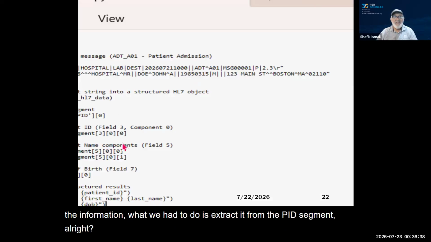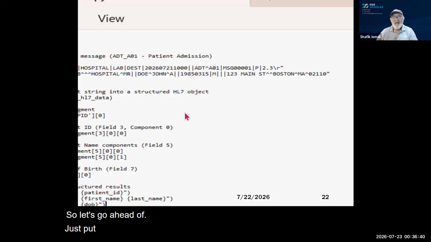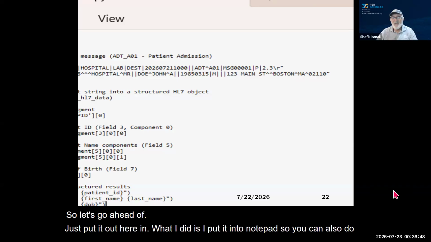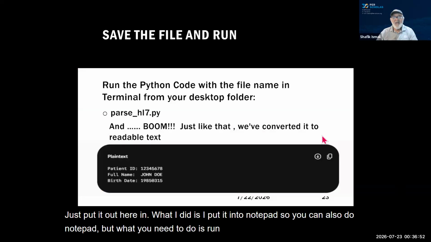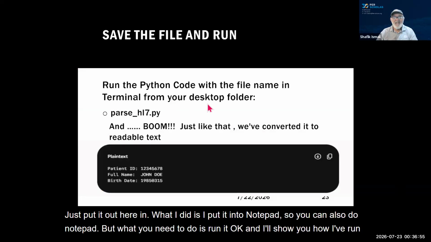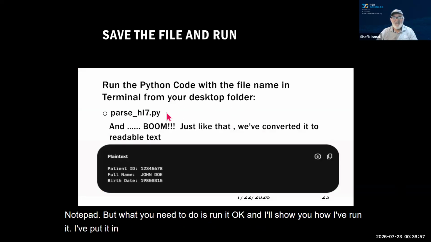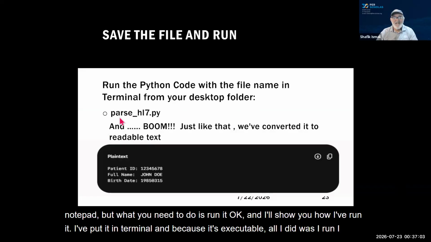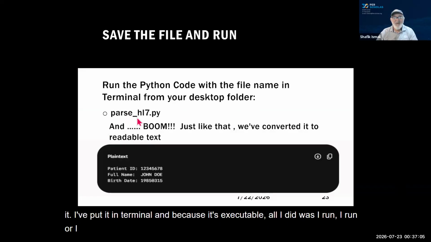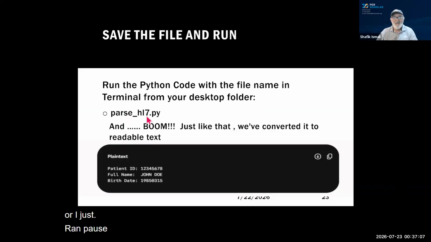I've just put it out here. What I did is I put it into Notepad, so you can also do it in Notepad, but what you need to do is run it, okay, and I'll show you how I've run it. I've put it in terminal, and because it's executable, all I did was run past HL7. And how do you do that?